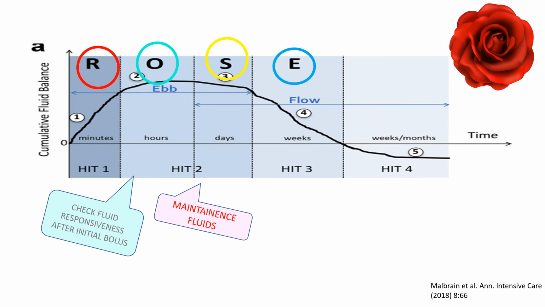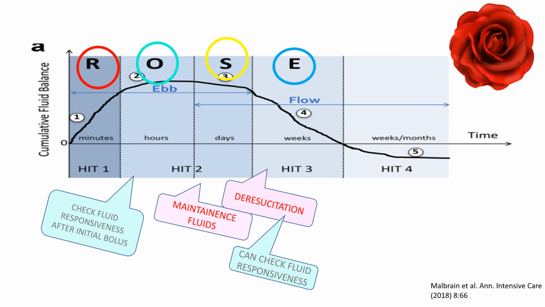Initially you resuscitate, and then after your initial bolus you check for fluid responsiveness and optimize the fluids, and then stabilization with your maintenance fluids. And finally you have your evacuation or de-resuscitation, and you can check for fluid responsiveness when you are going to de-resuscitate.